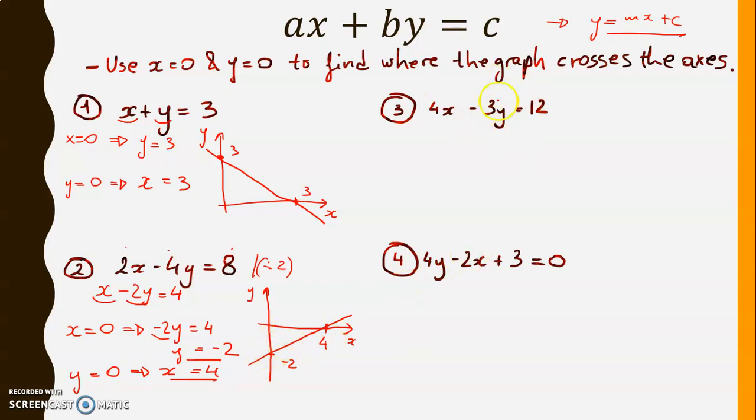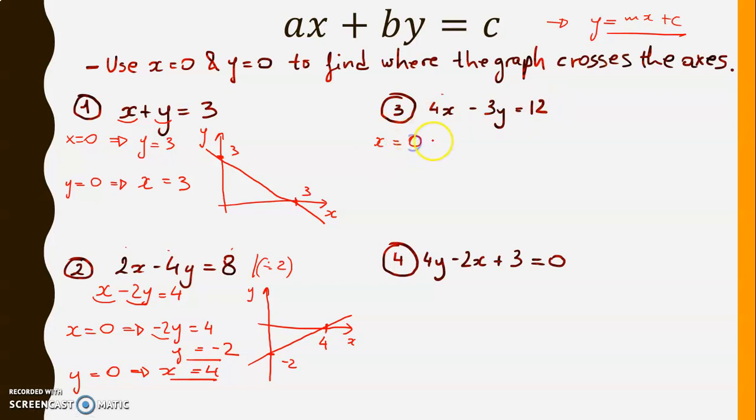Okay, next example. 4x minus 3y equals 12. As you can see now, 4, 3 and 12 are not divisible by any number, so we are just going to leave it as it is. So we start straight away finding those points of intersection with the x and y axes.